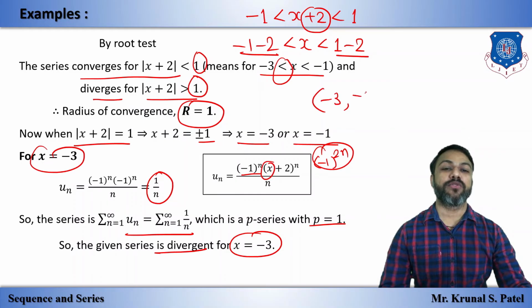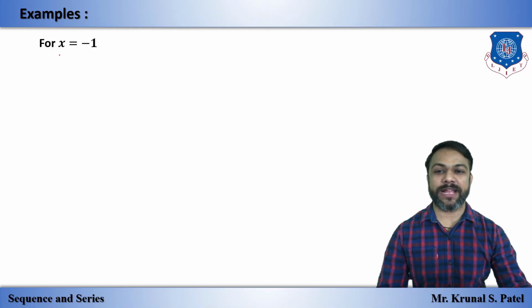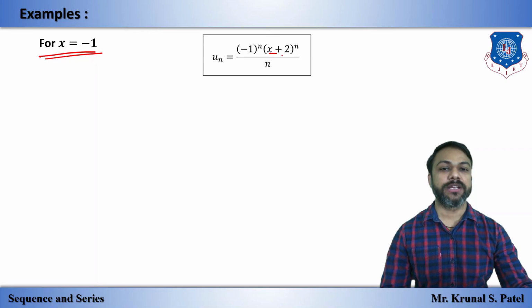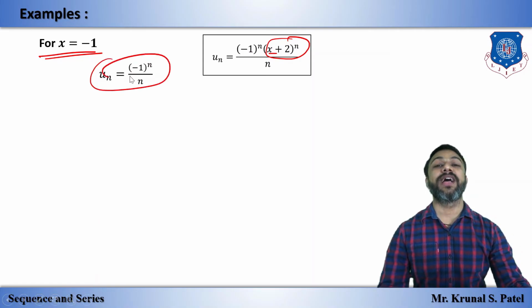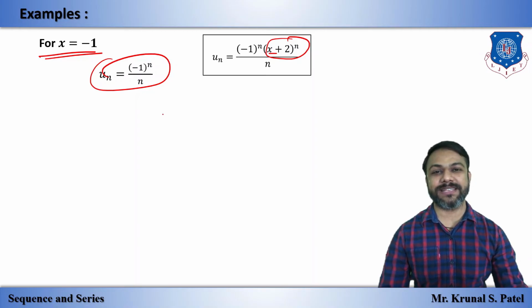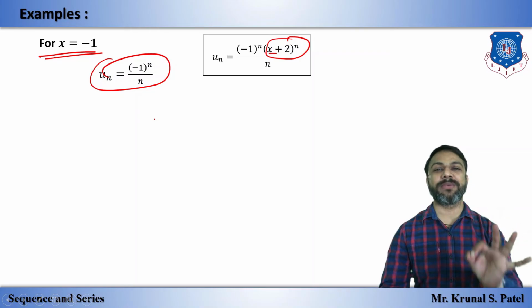So for minus 3 it is divergent, so not equality here, that means open interval. Now for the other end, whether the interval is closed or open depends on its convergence. So for x equal to minus 1, minus 1 plus 2 is 1, and 1 raised to n is 1. So we have un equal to minus 1 raised to n by n, which is an alternating series. So we apply the Leibniz test, and for the Leibniz test we have to check that each term is numerically less than its preceding term.